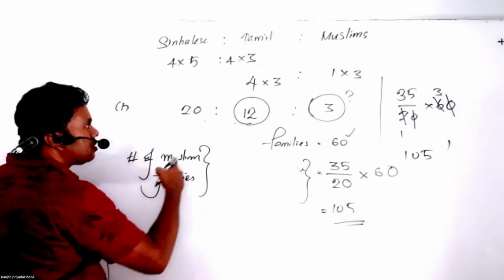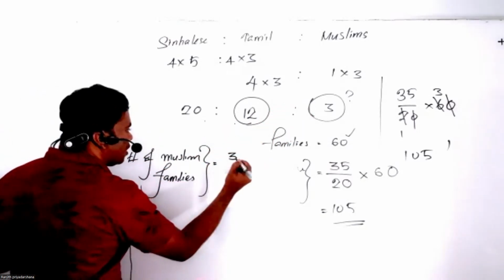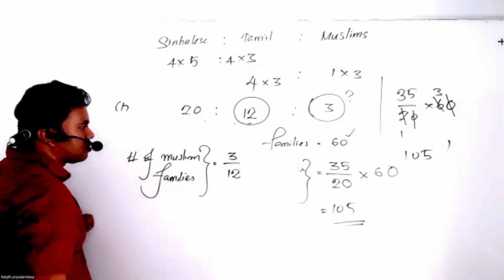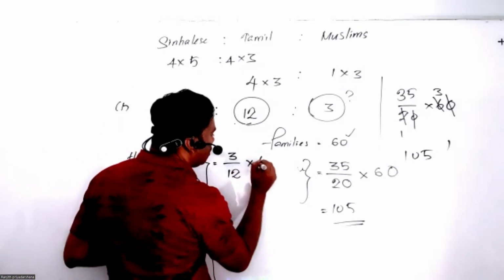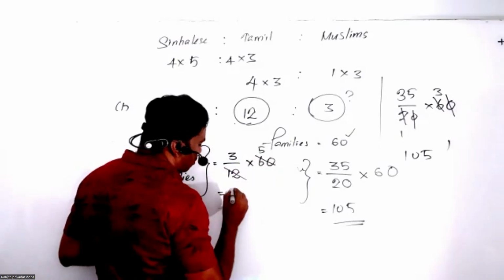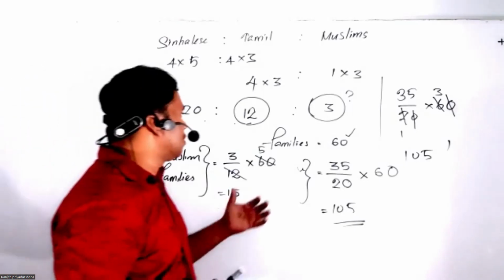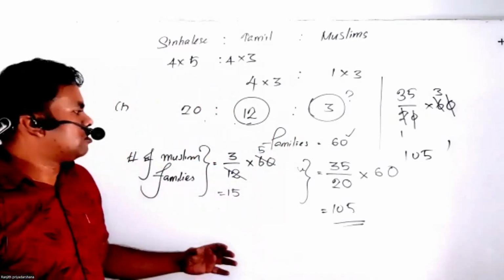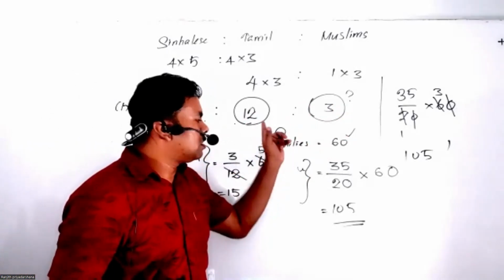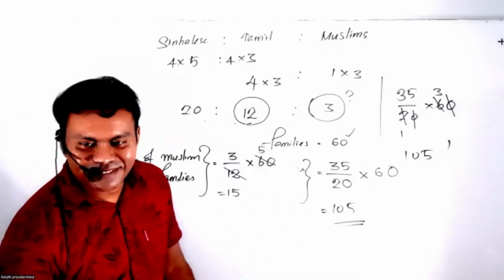You have to keep that Muslim families ratio, that's 3 over 12. If that's 60, that's 5 times 3, 15. So 15 Muslim families here. So likewise, you can do your calculations with the total as well as with the individual ratios. Is it clear? Yes, sir.